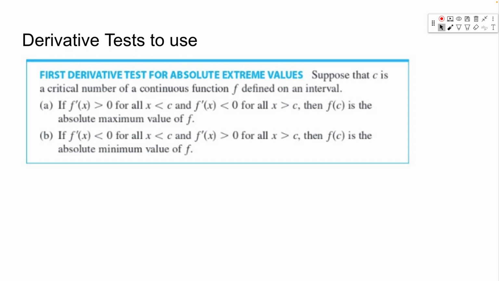The first derivative test, we know if we went up and then came down, what kind of a value do we have? Up and then down, we've got a maximum. If our derivatives were negative and then positive, we went down and then came up, we got a minimum.